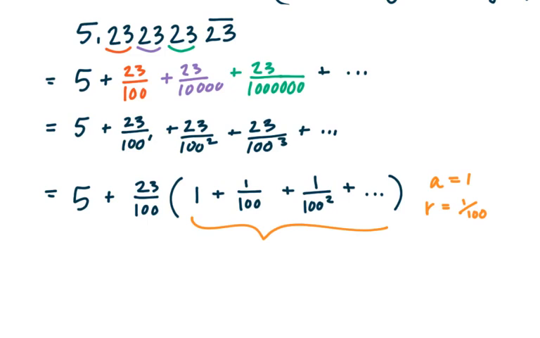So the sum for this series here, S sub n, equals a, which is 1, divided by 1 minus my r value, 1 over 100. So that's 1 divided by 0.99.